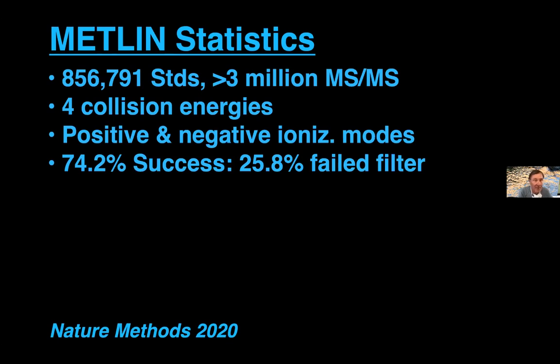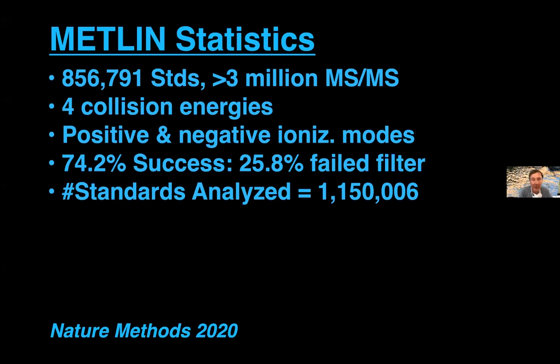And just to give you a sense of that, in terms of these analyses that we performed, we have roughly a 74% success rate. And using our filters, we've roughly failed at 25% of the molecules. What this translates into is the fact that we've now analyzed over 1.15 million standards, and that's where ultimately the 850,000 molecules that we have in METLIN come from.